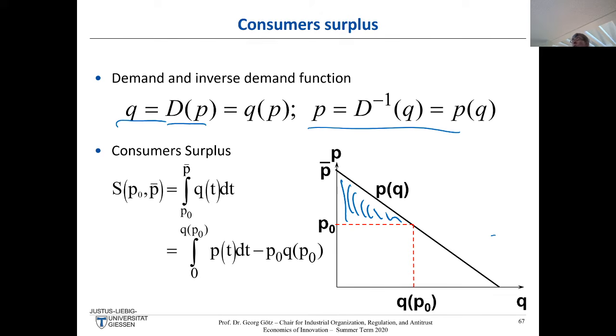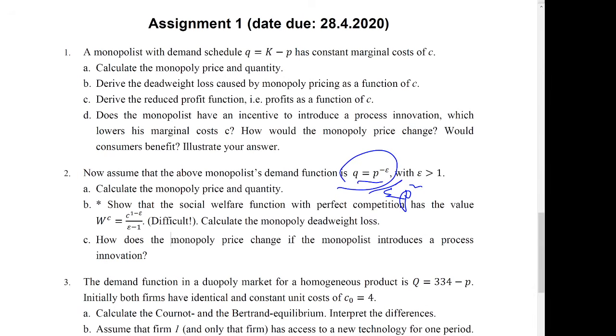But in assignment 1 here, you see, again, I just give you the assignment. Here, the Q of P equals P to the power of minus epsilon, this is a demand structure which looks more like a hyperbola.